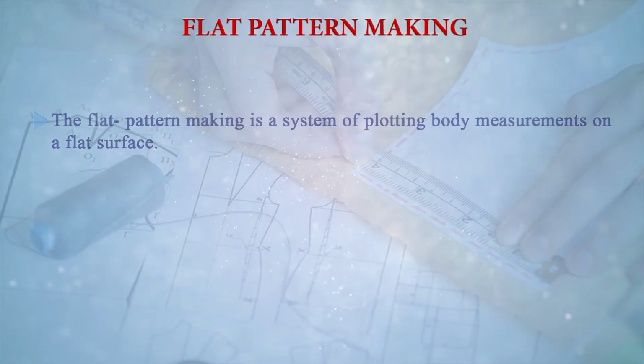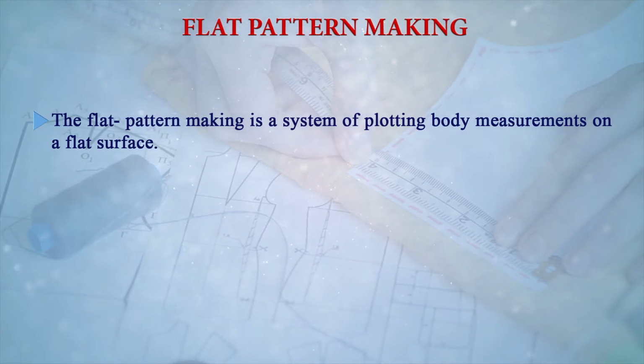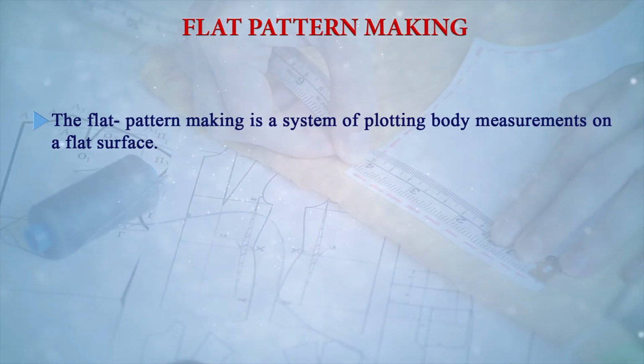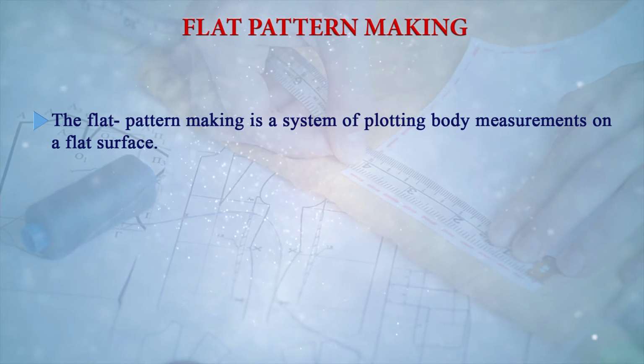Then the second method for the development of a pattern is flat pattern making. Flat pattern making is almost similar to the drafting method, but it needs some technical skills. Flat pattern making is a system of plotting body measurement on a flat surface, as we have discussed earlier.